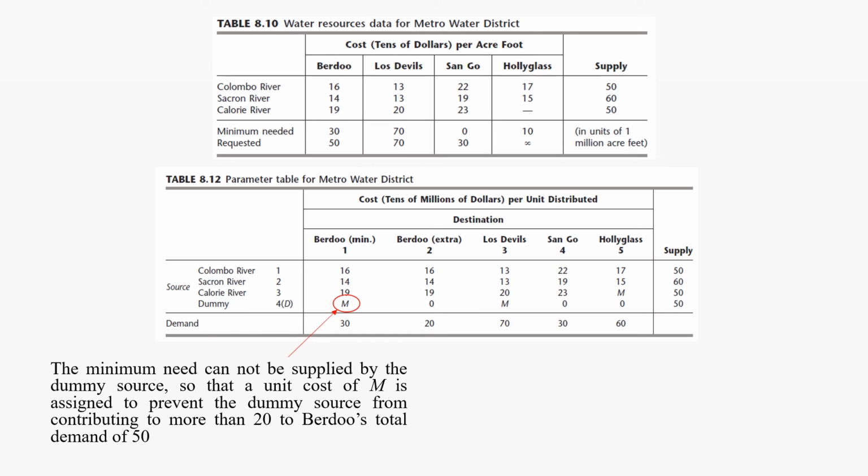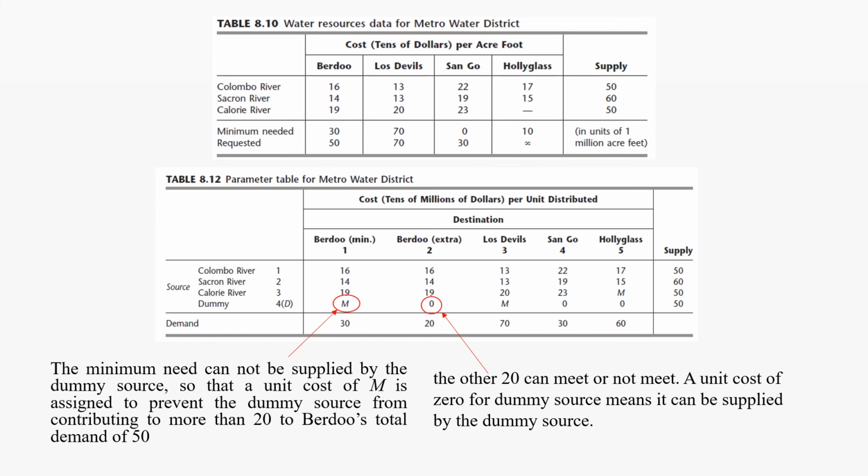The minimal needs cannot be supplied by the dummy source, so a unit cost of M is assigned to prevent the dummy source from contributing to more than 20 of Bandung's total demand. The other 20 can be met or not met. A unit cost of 0 from the dummy source means it can be supplied by the dummy source.